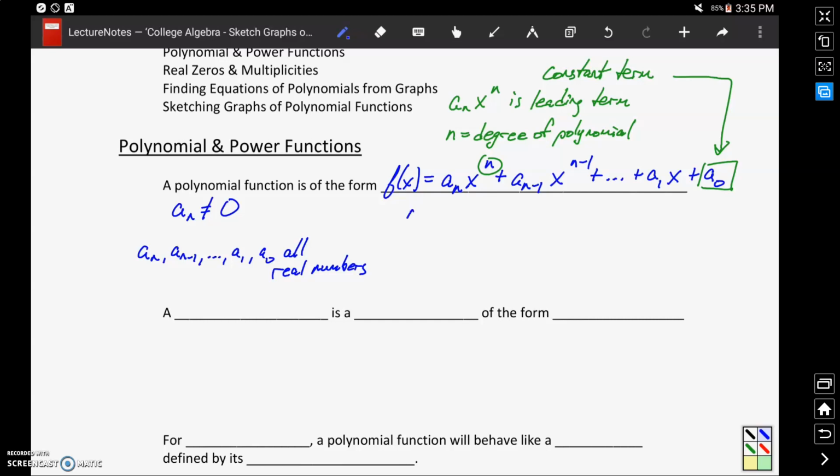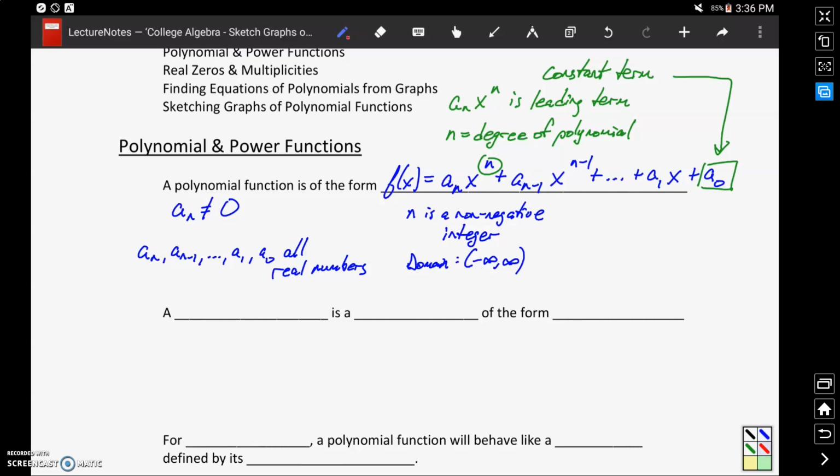Our value for n needs to be a non-negative integer. The domain of a polynomial function is always negative infinity to infinity. Its range may have restrictions, but the domain is always unlimited.